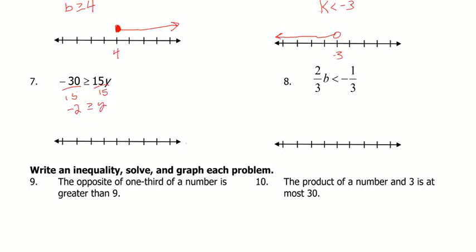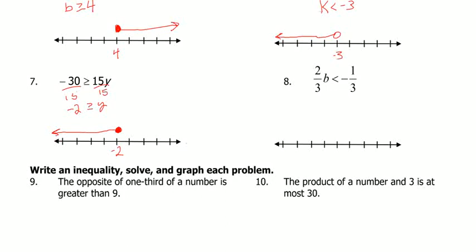So we put our negative 2 in the middle. We're going to put our dark dot above it. And that's going to be y needs to be smaller. So that's going to be everything to the left.